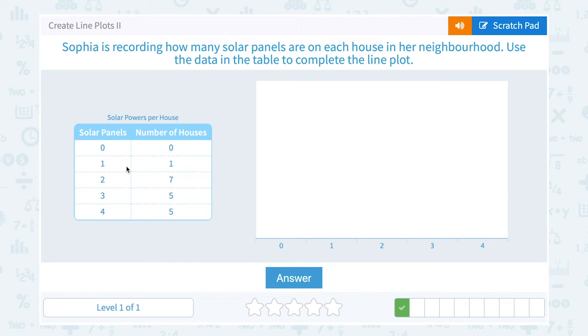1 solar panel was sold to 1 house. So if I go to 1 on the X-axis, I'm going to include 1 X to represent that 1 house. 2 solar panels were sold to 7 houses.